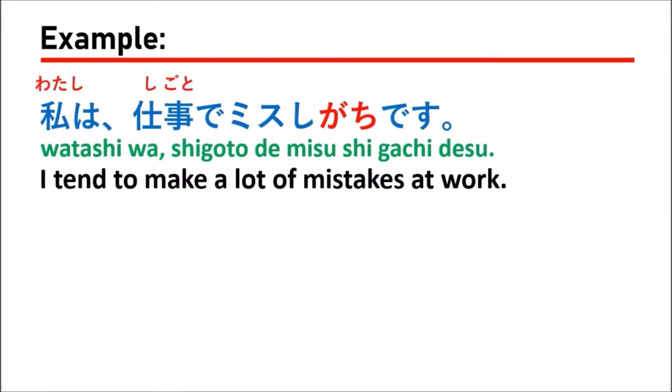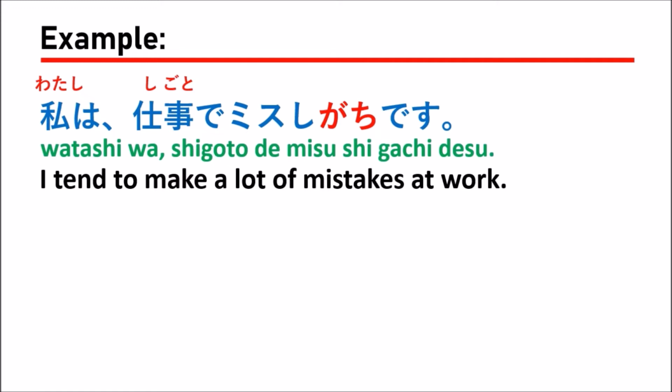In this sentence, you see that miss is the verb, in the verb of suru, misuru, right? But when you change to the masu form, you get misshimasu. So cut out masu, just say mishigachi desu.